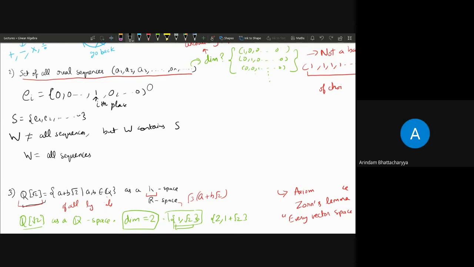Yeah, exactly. Sequences which are eventually zero, right? You have a bunch of numbers, but after a point, it's all zeros.